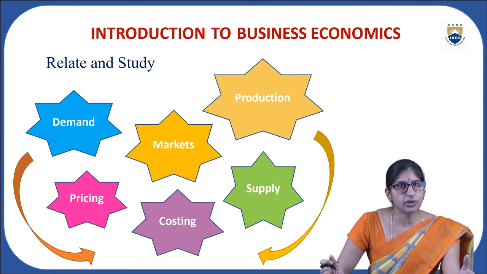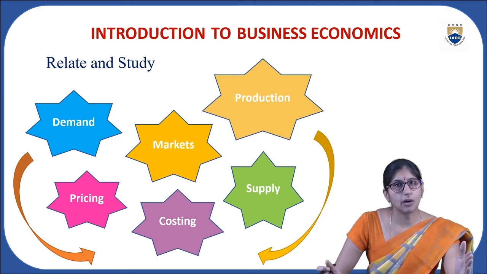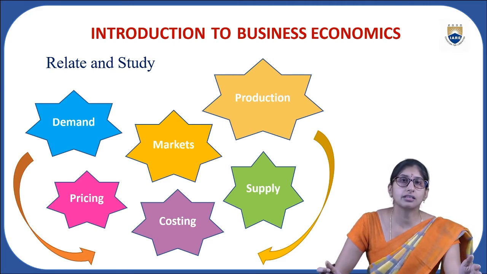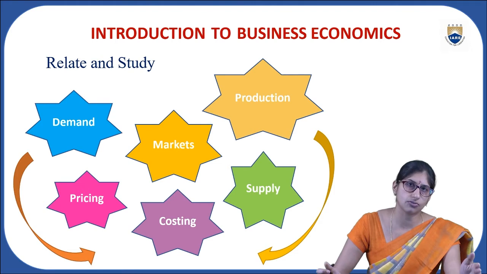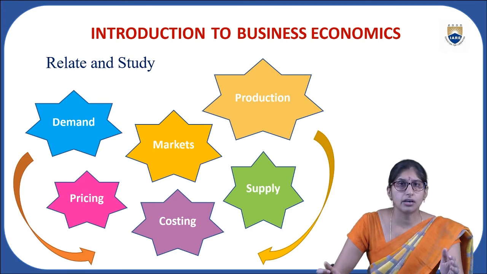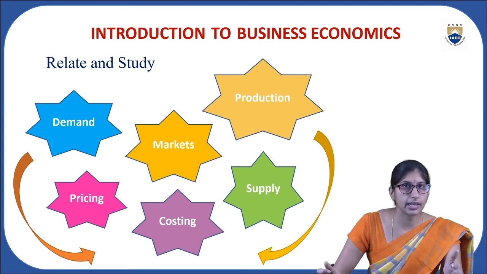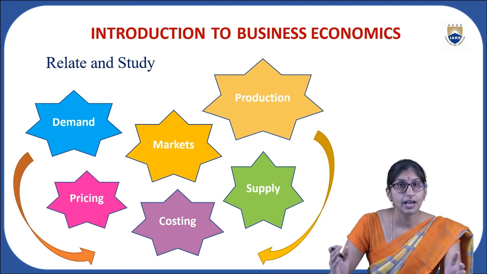In production, a producer must first study consumer behavior. Consumer behavior is how a consumer reacts to a particular product: whether he likes the product, what his perception of the product is, whether he is going to buy it or needs some customization.